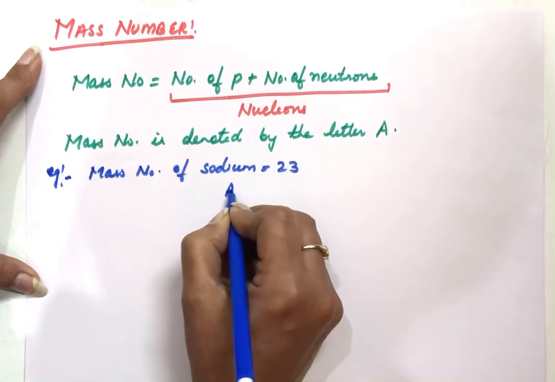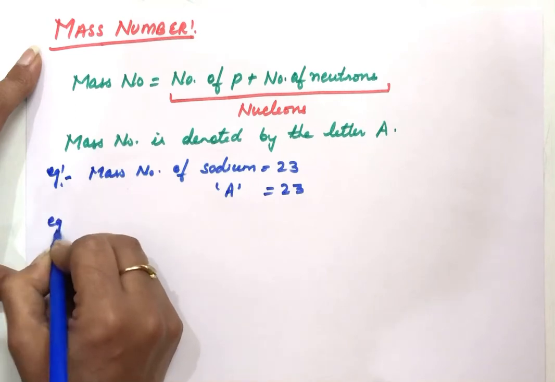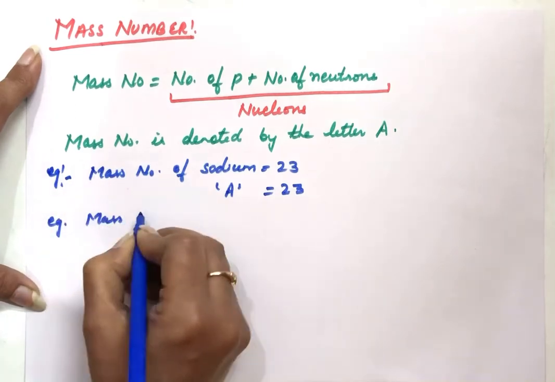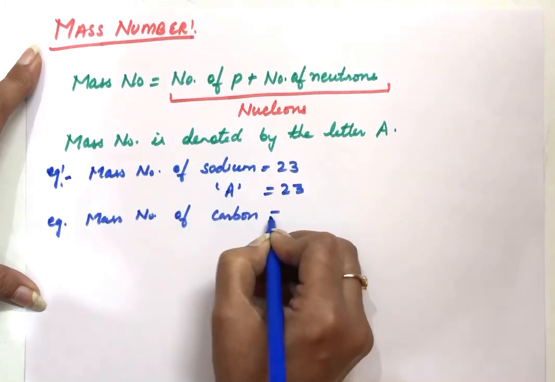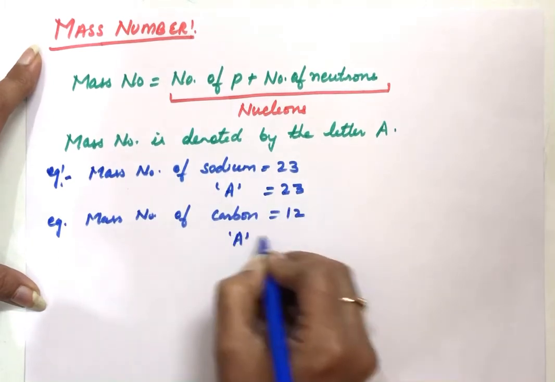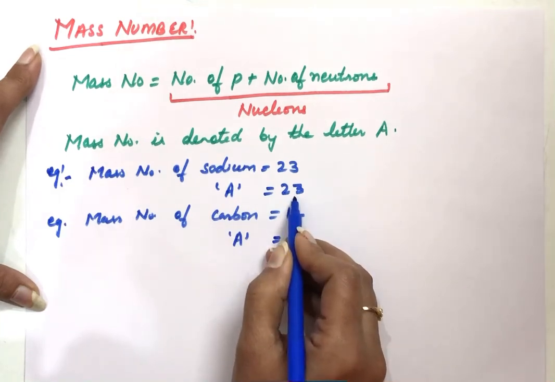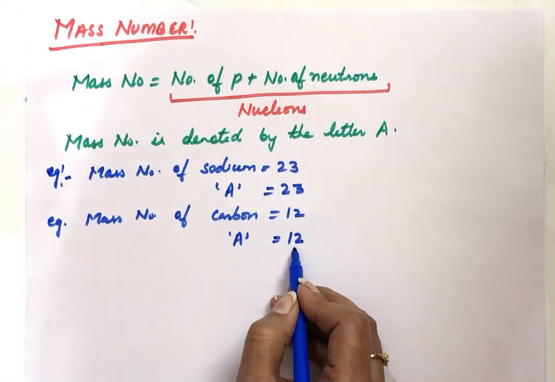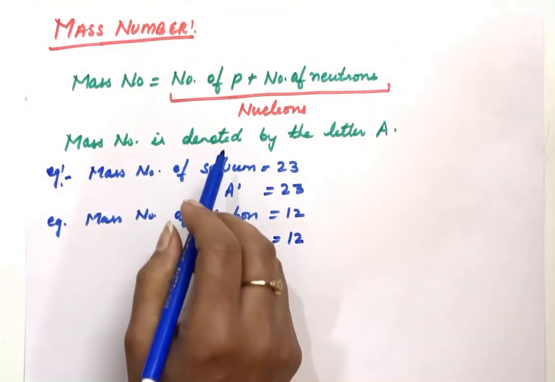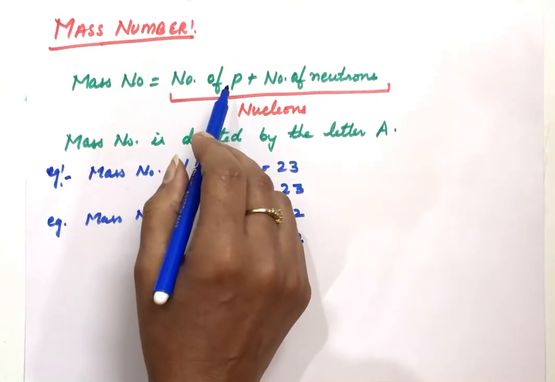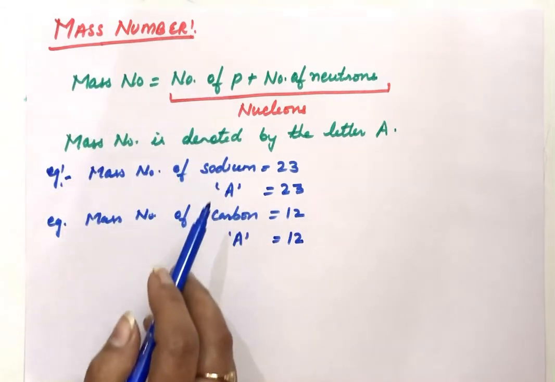That means I can write A is equal to 23 for sodium. Similarly, mass number of carbon is equal to 12. This means A for carbon is equal to 12, equal to number of protons plus neutrons. So this is the mass number of an element that we can write by counting how many protons and how many neutrons are there in one atom of that element.